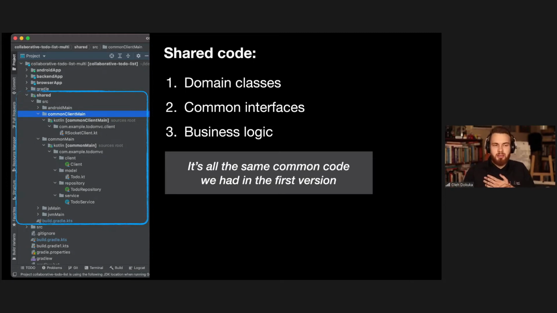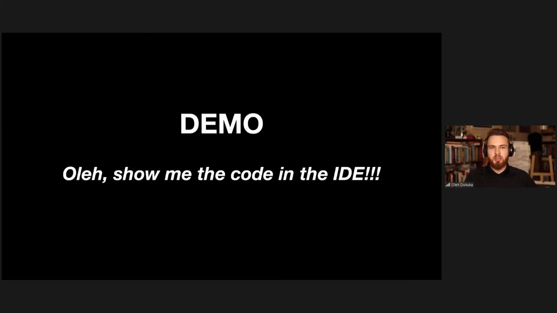And as I understand, Android is a specific platform which requires you to follow its structure, which is fine. We can allow this. So maybe let's have a look at the source code and see the difference.